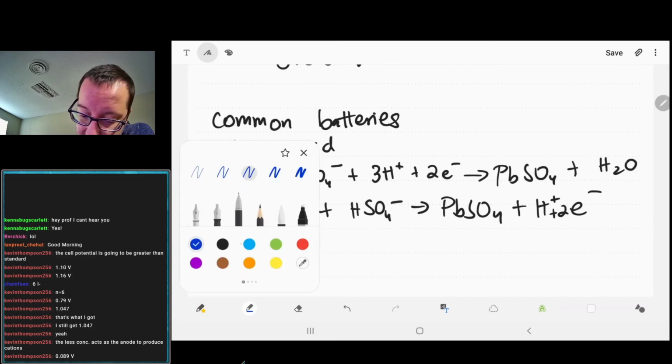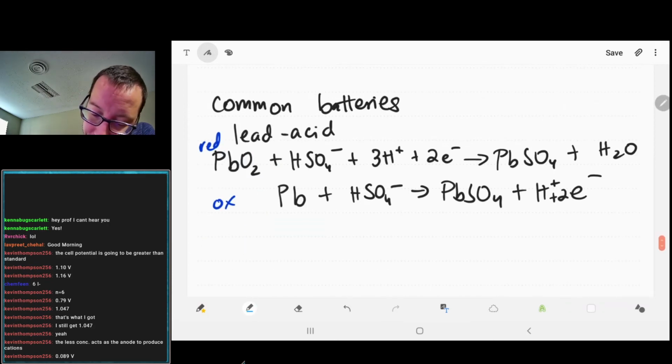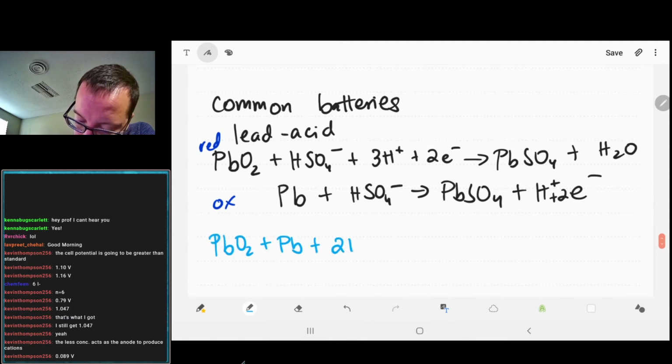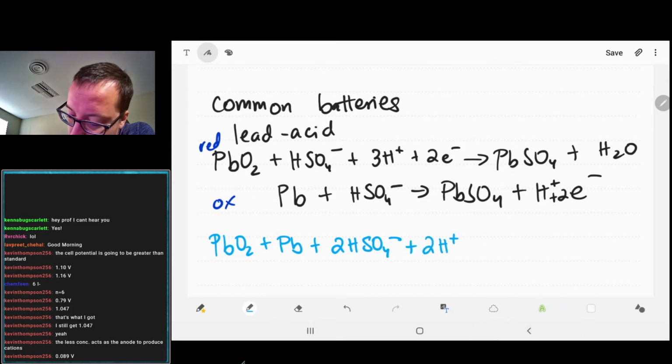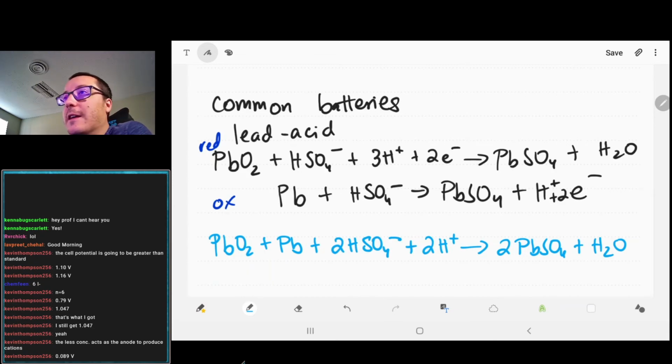Putting these guys together, it turns into 2 lead sulfate and a water. So this one is nice in that we have lead 4 and lead 0 coming together to both form lead 2, which is going to be nice because when we reverse this reaction, we are going to end up getting both out again.